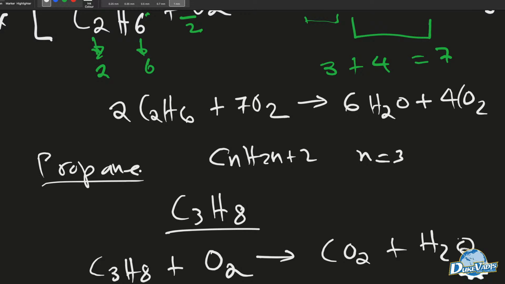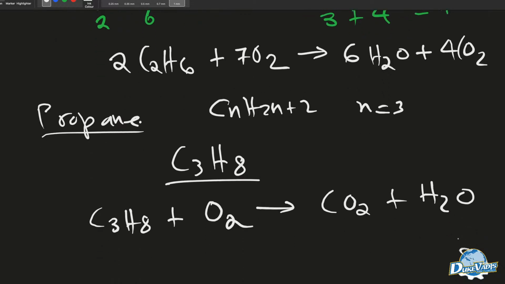Propane now, we do it the same way as earlier. When we look at the left-hand side, we have 3 carbons here, and our carbon here is 1. So what do we do? Let's look at our hydrogen. Hydrogen here is 8, and hydrogen here is 2. So when we put 4 here, we have balanced the hydrogen.